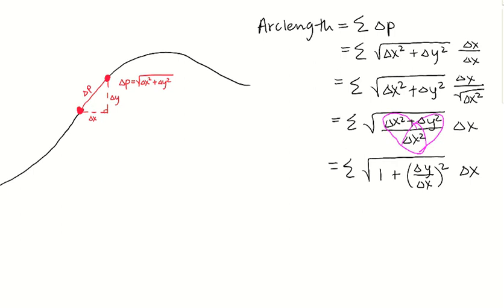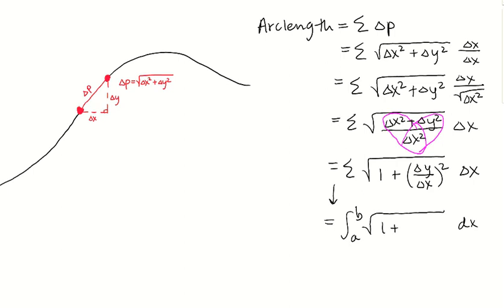Then as the number of small pieces of arc length goes towards infinity, and delta x goes towards 0, this becomes an integral. It's going to be just between two x values, so that's the square root. The delta x becomes dx. 1 is going to stay 1.